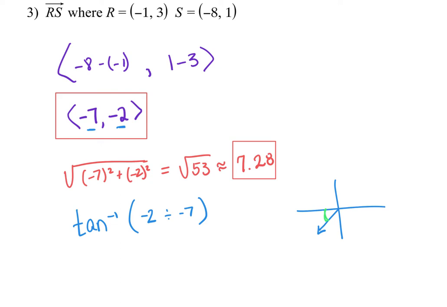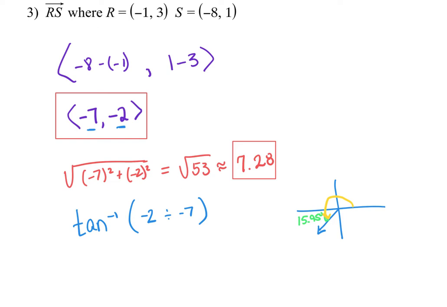If I were to take the inverse tangent of 2 divided by 7, I am going to get 15.9 degrees here, 15.95 specifically. But what you have to understand is that it has given you this piece of it, and you want all the way around to this.